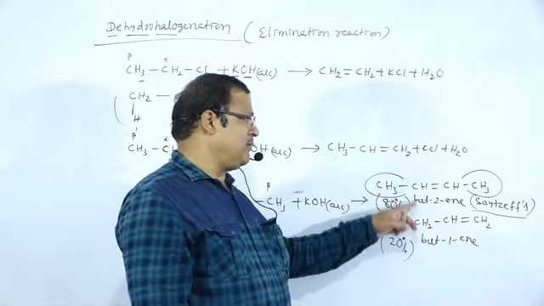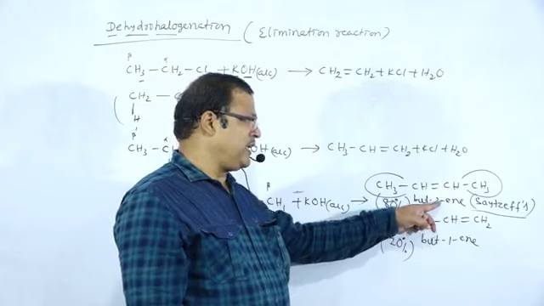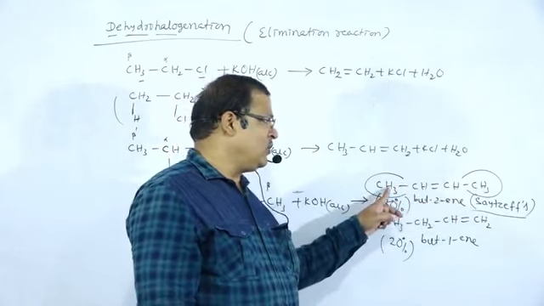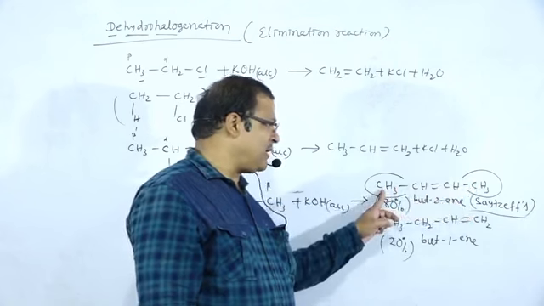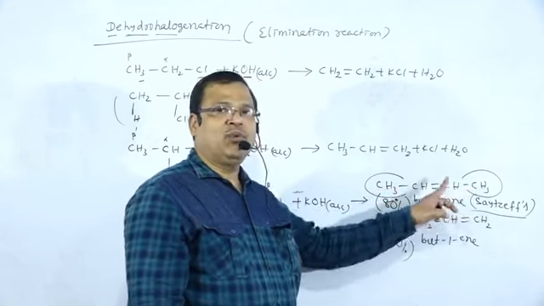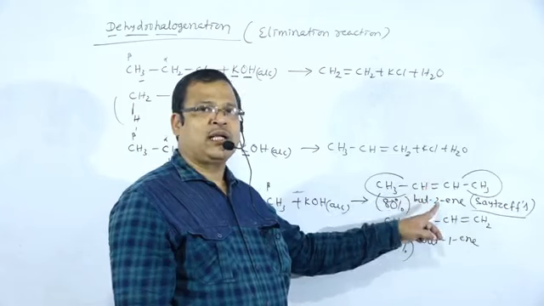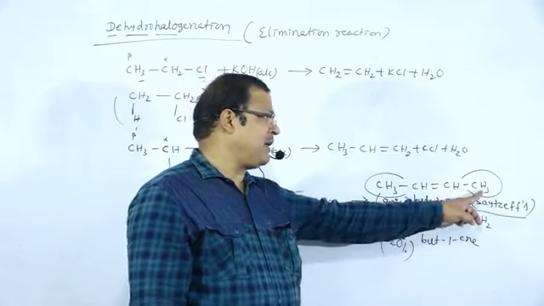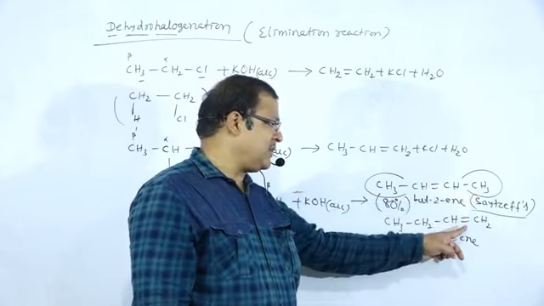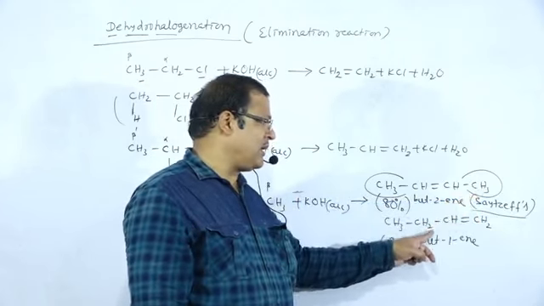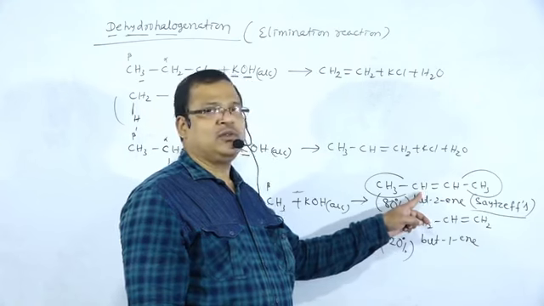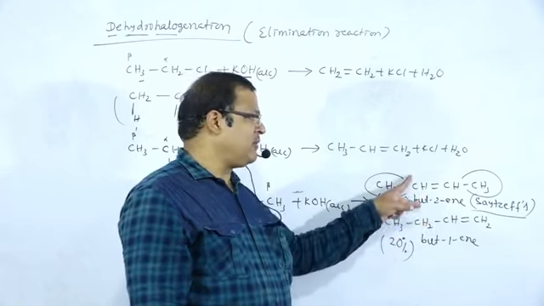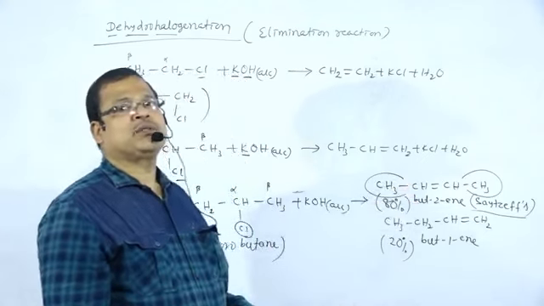Among these two, but-2-ene is more stable, because it is more alkylated, with more alpha hydrogen atoms, giving more no bond resonance or hyperconjugated structures. There are 6 alpha hydrogen atoms, but in this case there are only 2 alpha hydrogen atoms. So this is more stable. That is 80%, this is about 20%, and this is your Saytzeff's product.